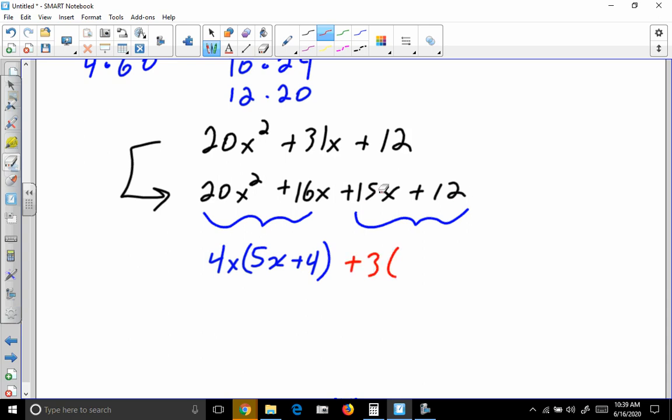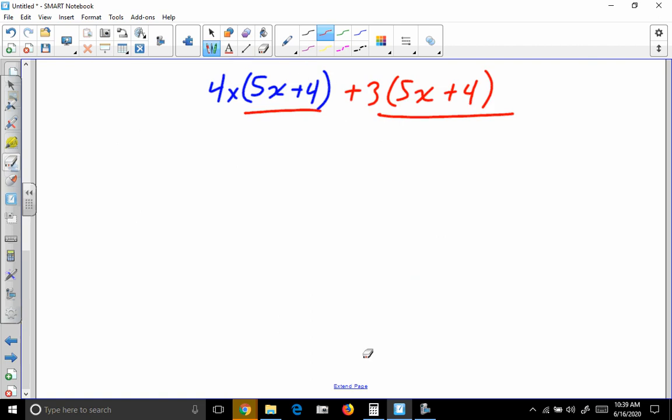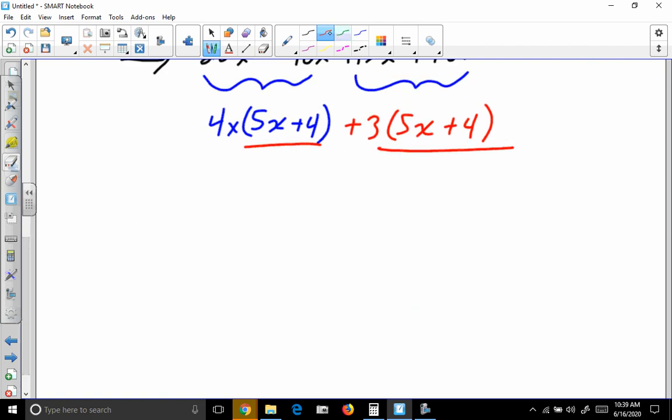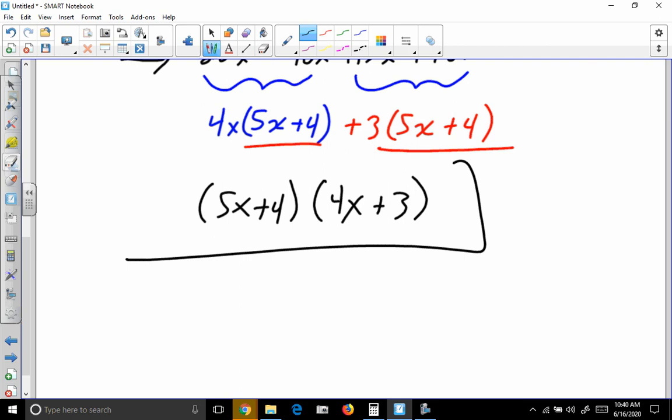So if we pull a 3 out, 3 goes into that 5x times, and 3 goes into that 4 times. Notice we have a common factor between these two terms. Both terms have that parenthesis that match. So we pull the common factor out to the front. 5x plus 4 times 4x plus 3. And that's the exact same thing we got when we did it by trial and error.